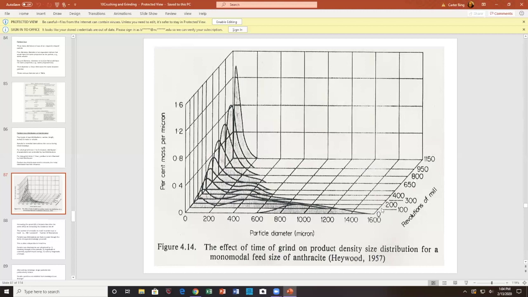rotations. Now, a couple of things you should recognize. It's not time that matters. It's rotations. It's what the particle has experienced in terms of physics, right? So whenever you deal with any rotating equipment, time is suspect. What you want to know is the number of revolutions that the material has experienced.